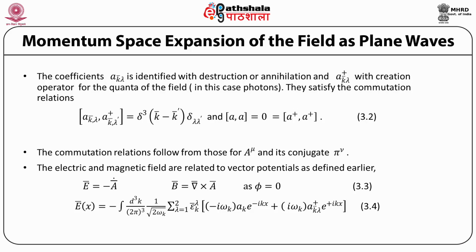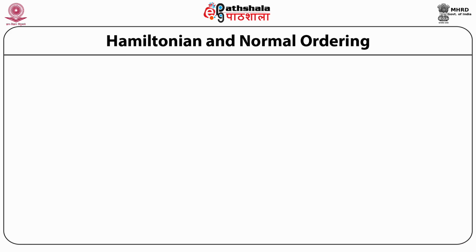E vector x, the electric field, is minus the integral over d cubed k over 2 pi cubed times square root of omega k over 2, summation over lambda equal to 1 to 2, epsilon k lambda vector times minus i omega k a k exponential minus i k x plus i omega k a dagger k lambda exponential plus i k x.